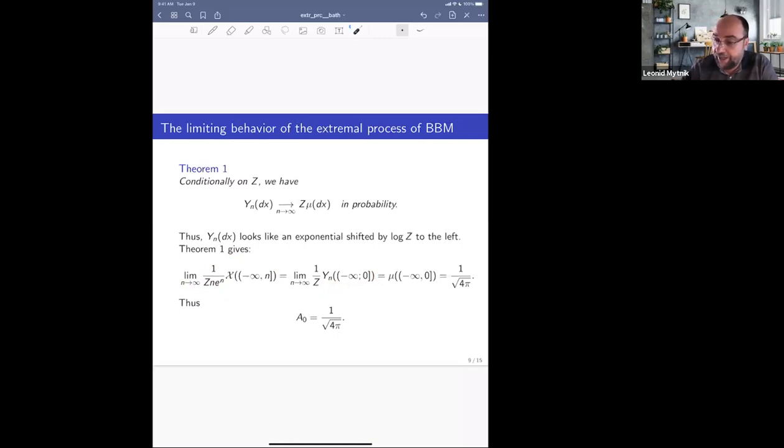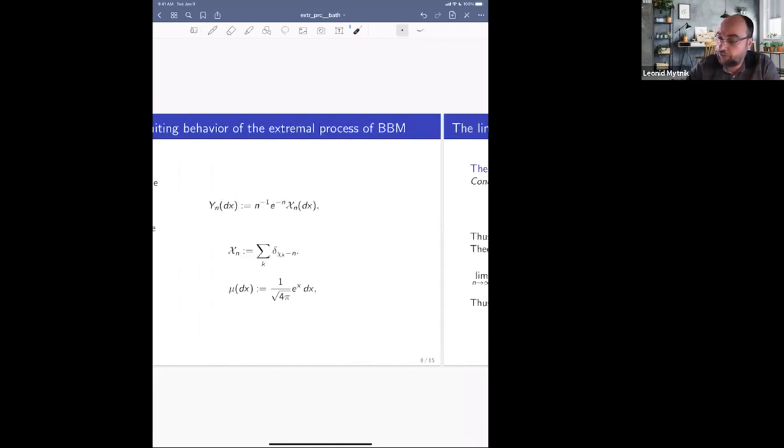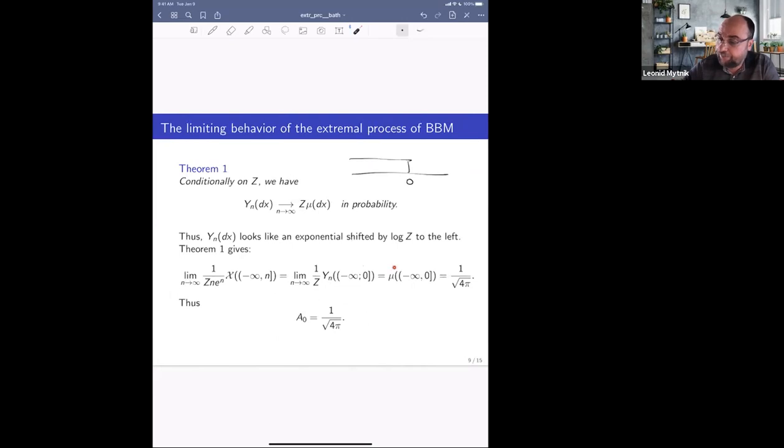But since yn converges to the measure mu times z, and here we divide by z, the limit is just the measure mu of the left half of the real line. Since this is the definition of the measure, we get that mu of the half of the real line is 1 over square root of pi, which immediately gives us the constant A0. So we're able to identify this constant A0, which wasn't identified in the previous work.